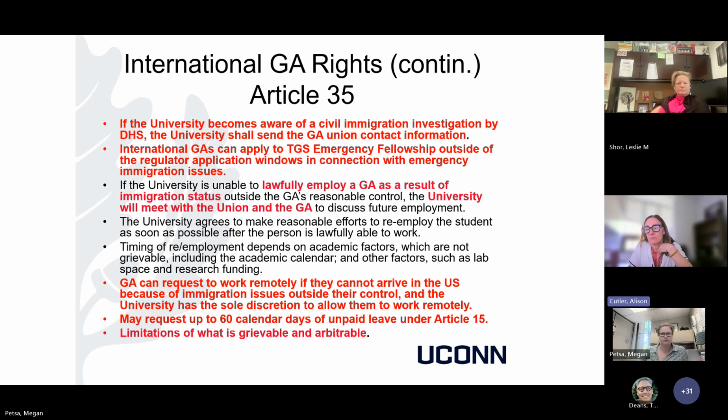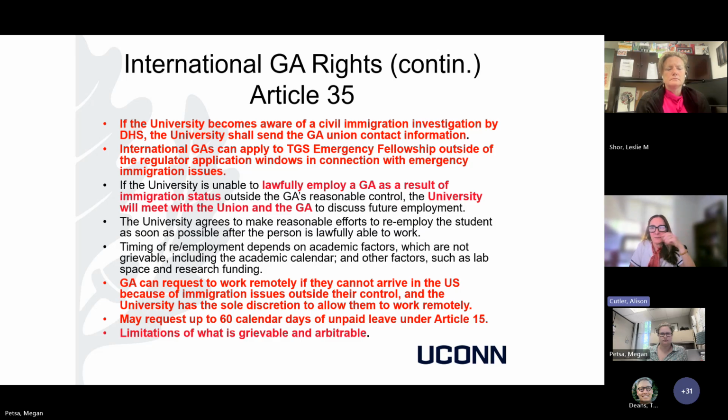But we, the university, retain sole discretion. Do not go and allow one of your GAs to work remotely without going through the graduate school. They have a process. And there's a lot of implications, as far as tax law, workers' compensation, all that. So don't just ad hoc allow people to work remotely, especially internationally.